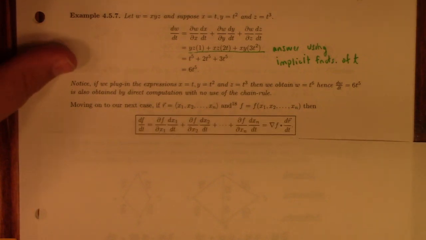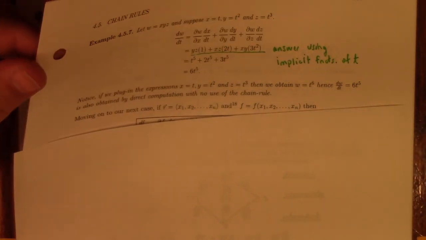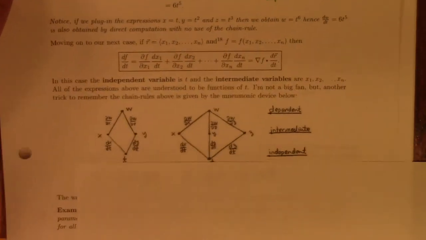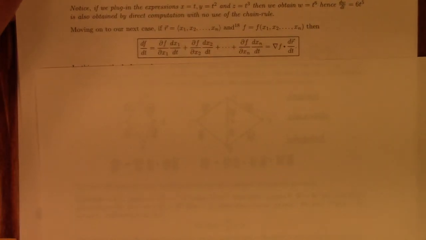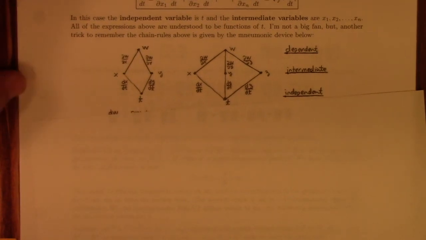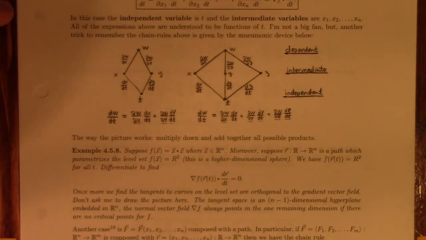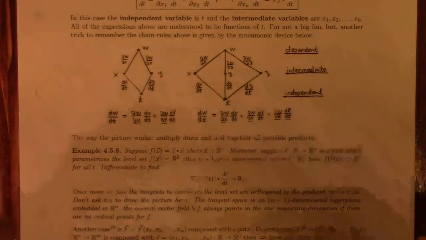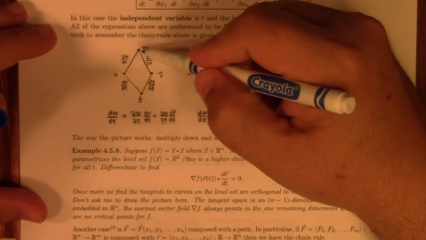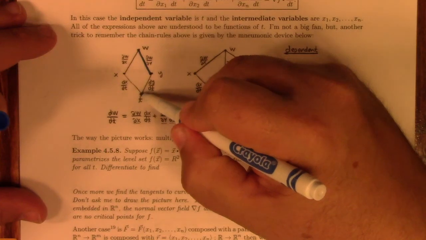All right. And then finally, if we have a function of n variables and we compose it with a path on Rn, then we get this general chain rule. And here's a mnemonic, a memory device, if you will, that some people, not me so much, like. In my notes, there's some color coding, so let me try to recover that. Basically, you draw your dependent variable at the top, and then you draw your intermediate variables in the middle.